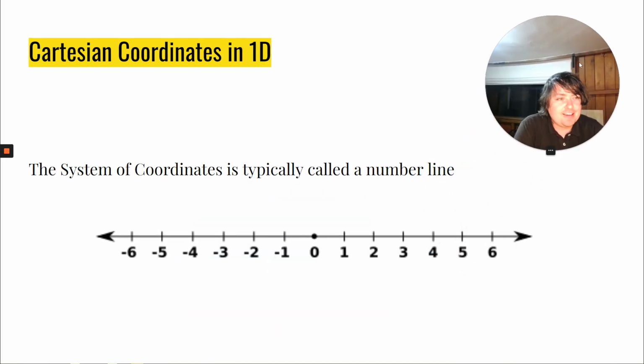So, some examples, because that was a mouthful. In one dimension, it's typically called just a number line. You see how it's subdivided in integer amounts. It goes along one axis, because it's in 1D, since the only variable that we're considering in a number line is in the one dimension, and it has an origin.